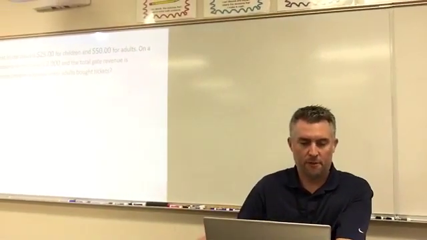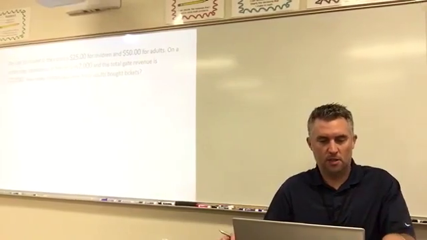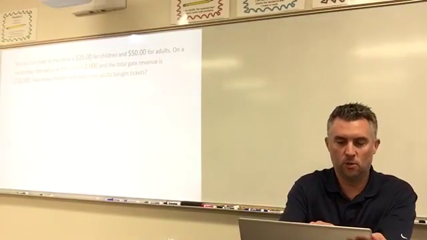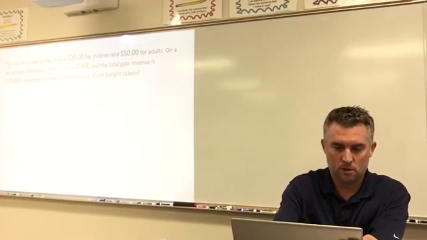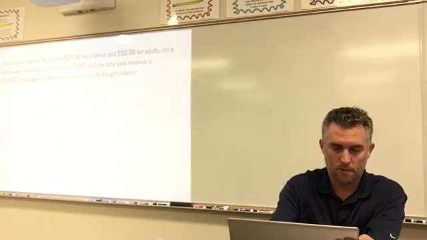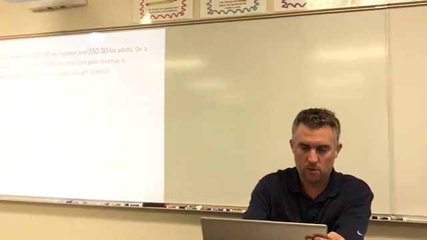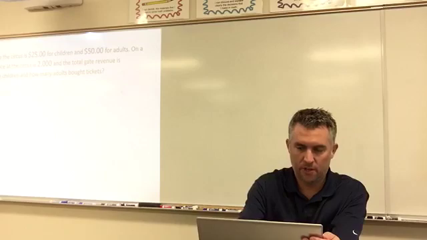Now, it doesn't matter if you used A and C. You could use X and Y. You could use whatever letters you want. So, Will said 25C plus 50A is equal to 70,000. He also said C plus A equals 2,000.